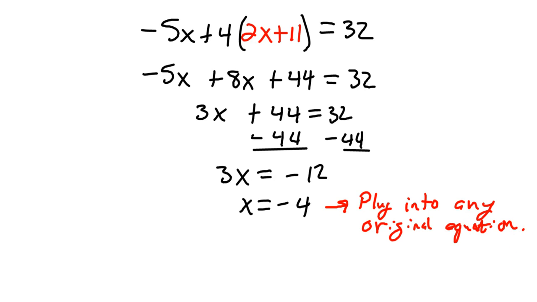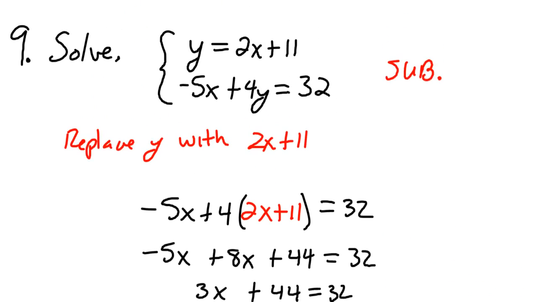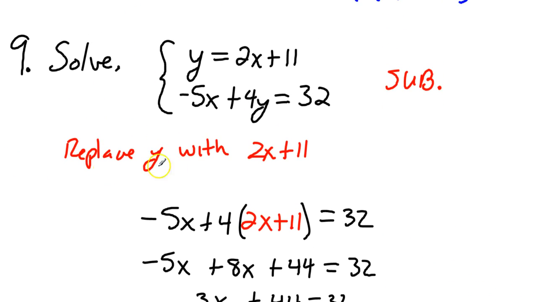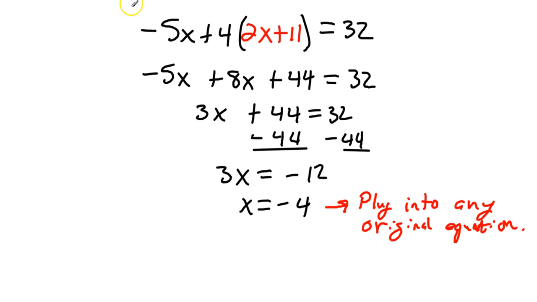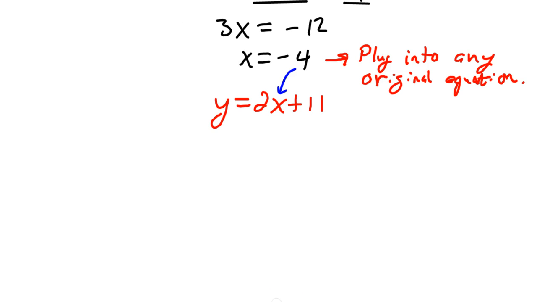Now, for these, usually with substitution, whichever one you use to replace this with, that's the one we're going to use. So let's plug it back into y equals 2x plus 11. We're going to take out the x that's here and plug in negative 4.